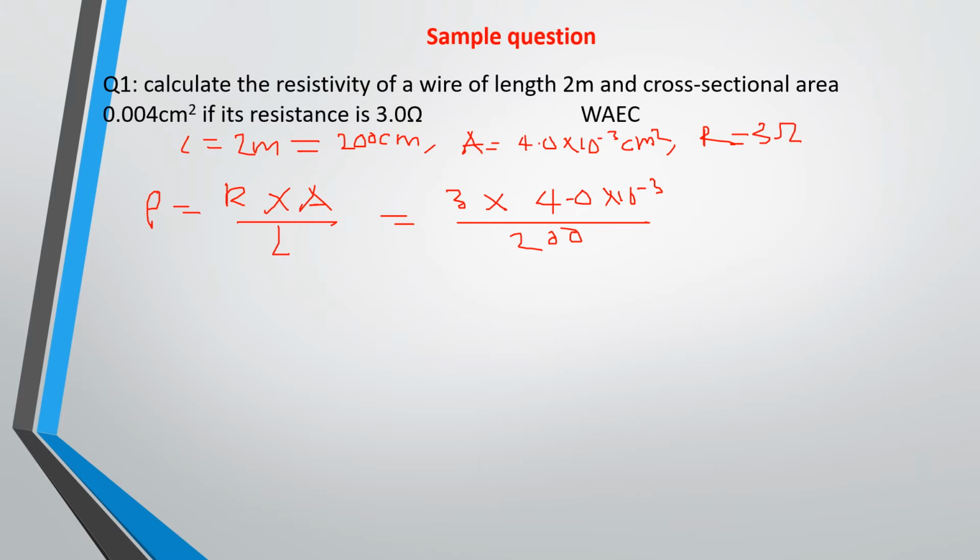When you make this calculation from your calculator, you are going to have 6.0 times 10 raised to power minus 5 ohm meters. As simple as that. That is why I said there is not much to it, just understand the equation and then know how to apply it.